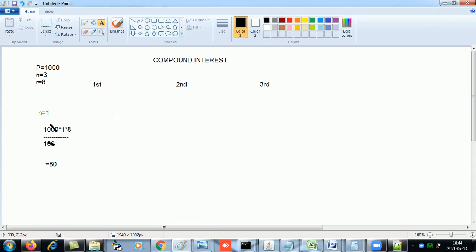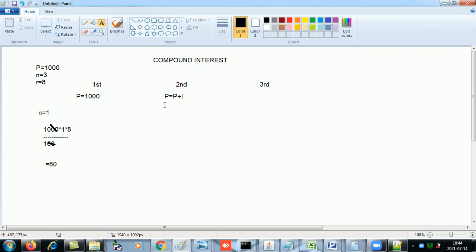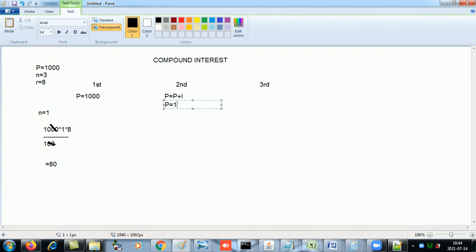Now this 80 is added to the principal, and the principal becomes principal plus interest. Principal for the first year was 1000 rupees. Principal for the second year will be 1000 plus 80, which is 1080. Now for the second year the interest will be calculated on 1080.